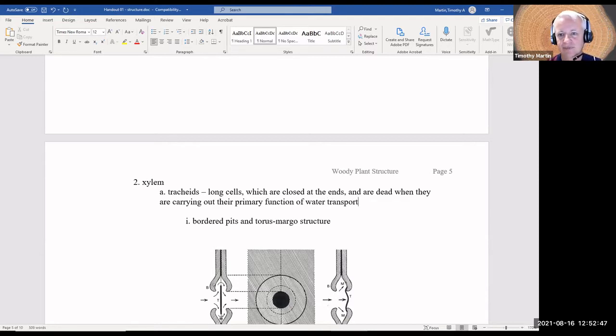Okay, so tracheids are a water transport cell and they're closed at the ends. I'm going to show you some pictures of tracheid cells.